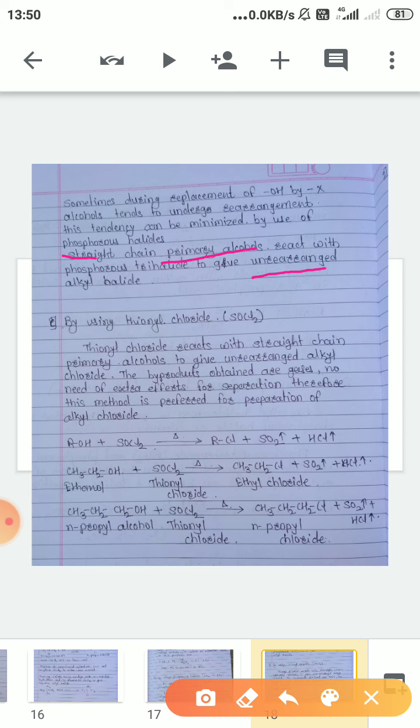They give an unrearranged product, that means the hydroxyl group is replaced at the same position by the halogen atom.